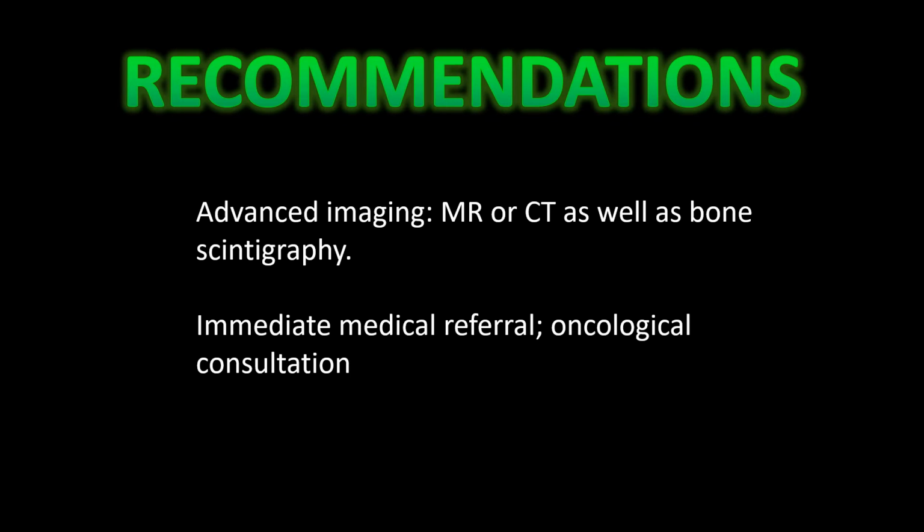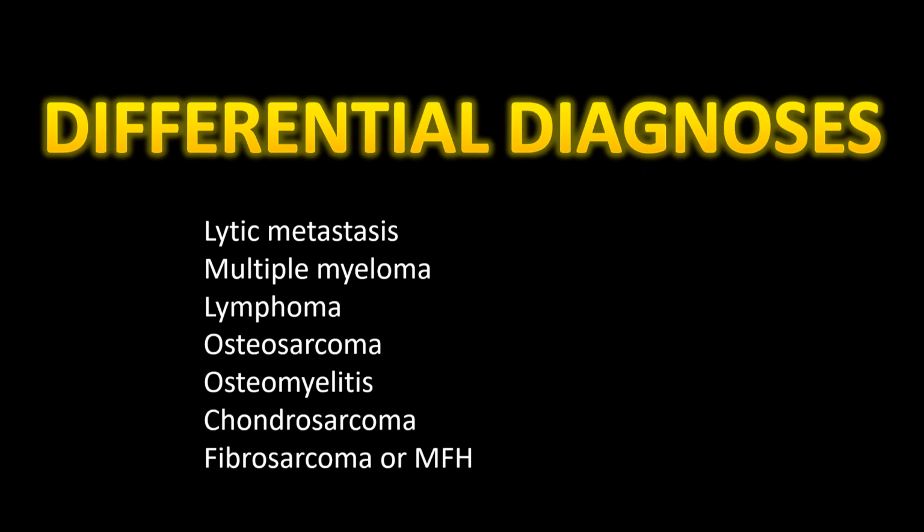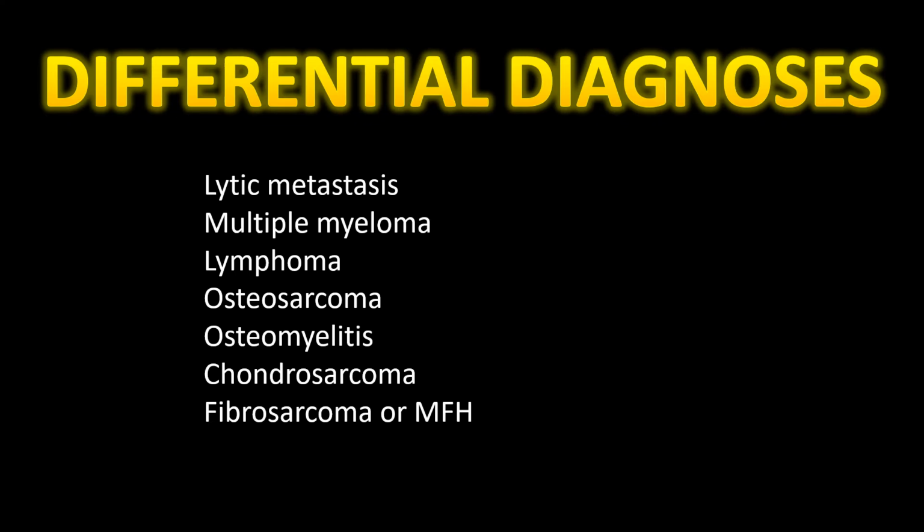So an oncological consultation is appropriate, as this is an aggressive lesion until proven otherwise, and then advanced imaging to include either MR or CT, probably both, and then bone scintigraphy to look for other areas of skeletal involvement. So the differential diagnoses for this lesion are not good.